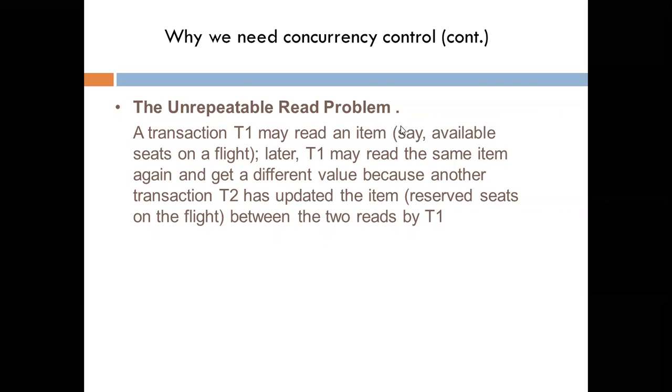So consider the example of movie ticket or flight ticket reservation. You are opening the page and want to reserve a particular ticket. When you read the value, you will get a certain set of seats available, and you will try to select one seat and book it.